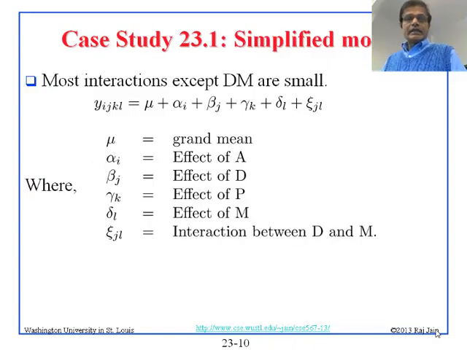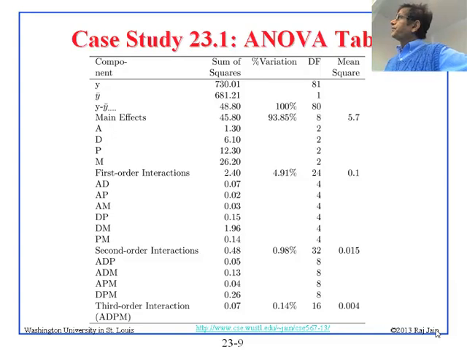Alright. Now most of the interactions are small, except if you wanted to count one interaction which was significant, and that was this one, DM. DM is 1.96 percent, you can see here, everything else is smaller.